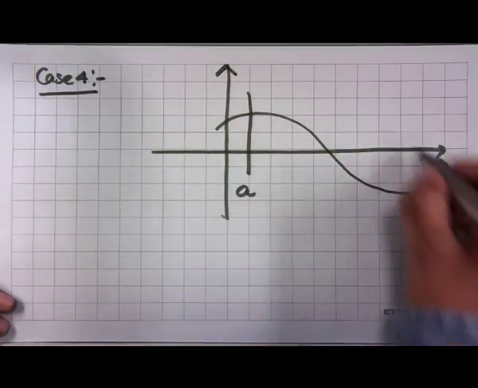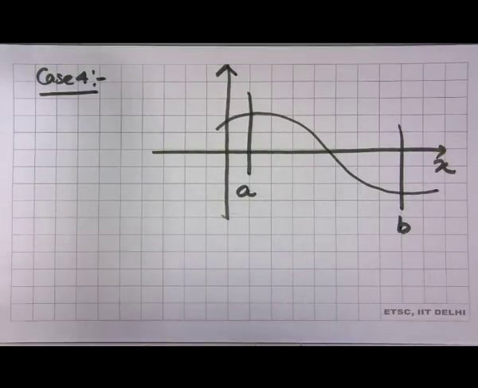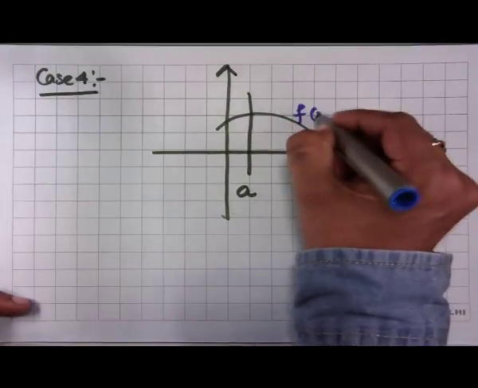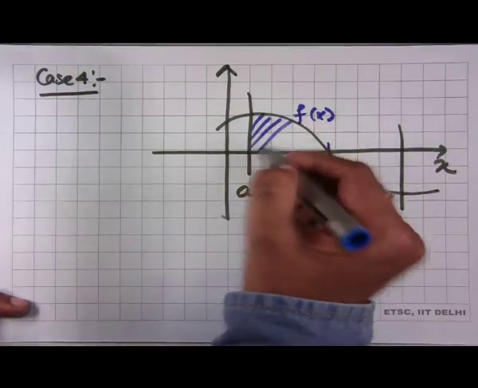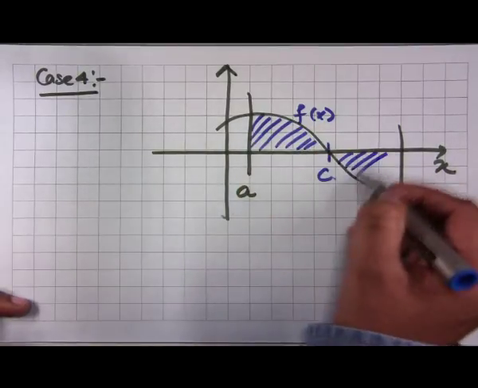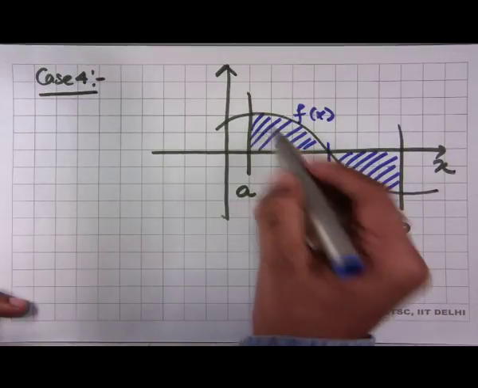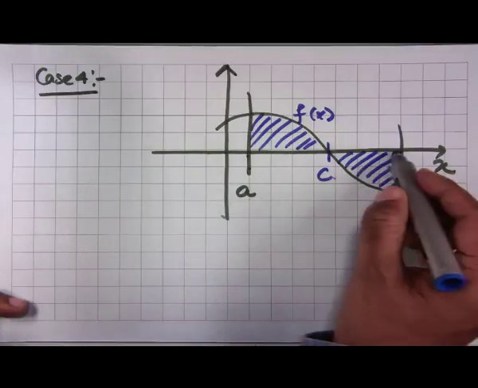Say this is a, this is b, and this point of intersection of the function f(x) with x axis is c. So you want to find out the area of the function which is bounded between x equals a and x equals b and x axis.